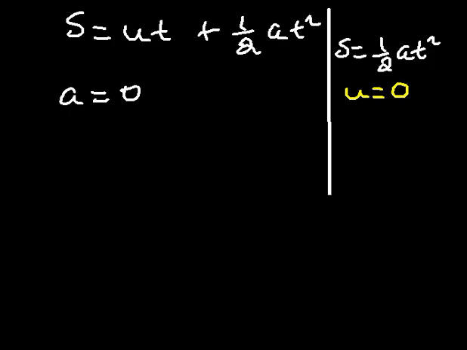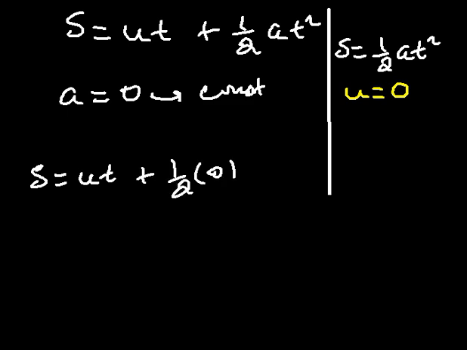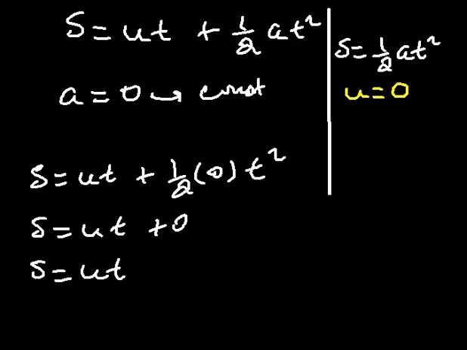So now using the displacement formula, displacement will be given as ut plus half times 0 times t squared, of which you have the displacement being given as ut plus 0. This is the same as the displacement is equal to ut. And this is how it will be if the object is moving at a constant speed, where the acceleration is 0.